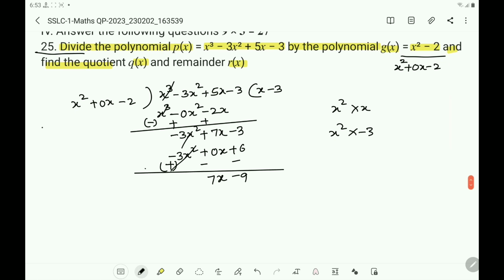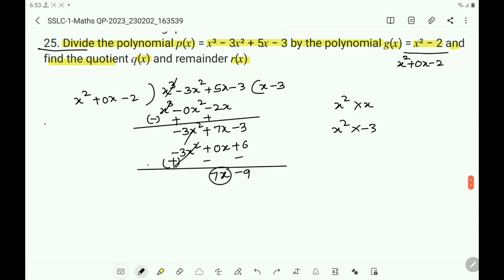Now here the power of this x is less than this g of x. So you got the remainder 7x minus 9. Therefore you write here which is the quotient. Quotient is x minus 3. So you write q of x equals x minus 3 and r of x means remainder is equals to 7x minus 9.